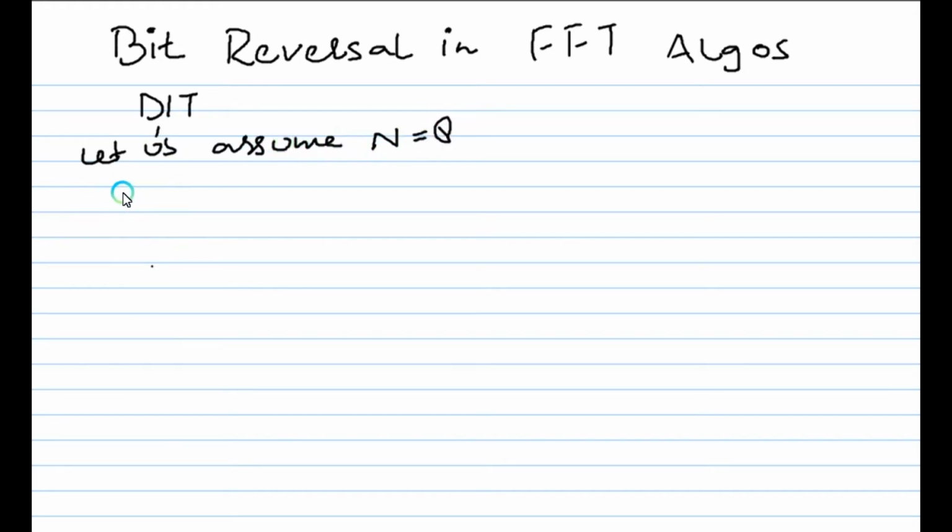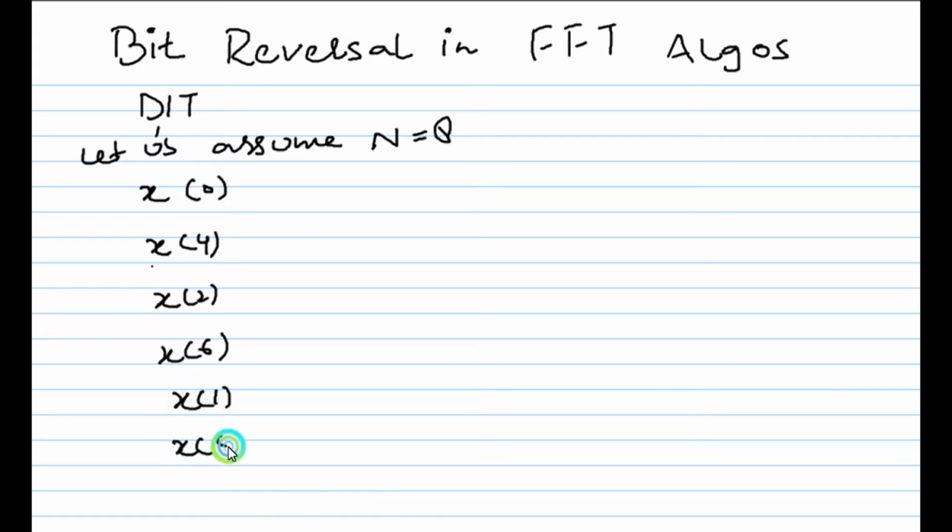Then the bit sequence in that case, if you're watching the classes, would be x of 0, x of 4, x of 2, x of 6, x of 1, x of 5, x of 3, and x of 7. So this is my input sequence for DIT, that's decimation in time.